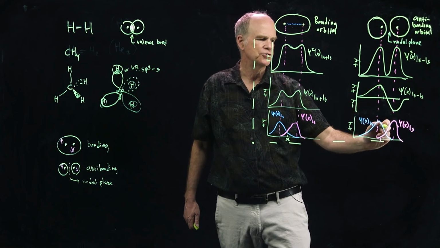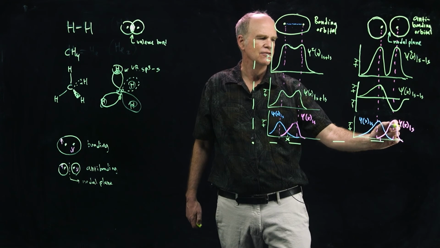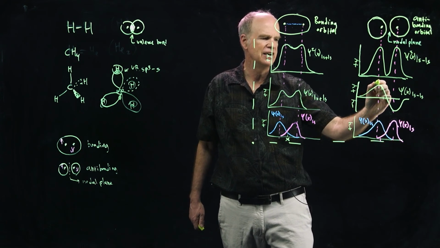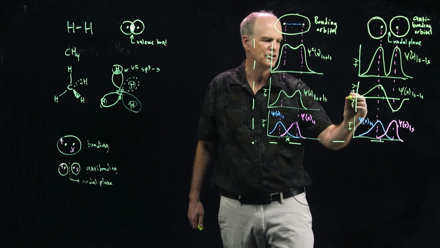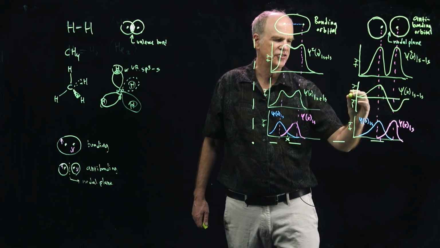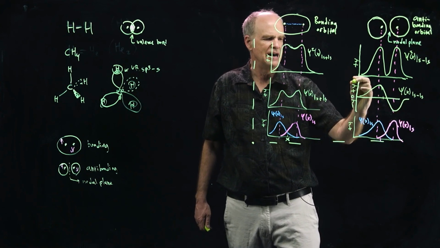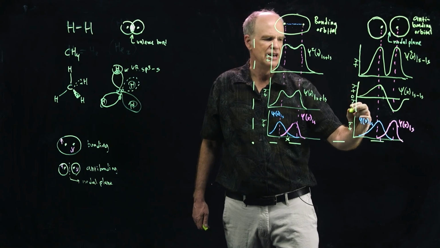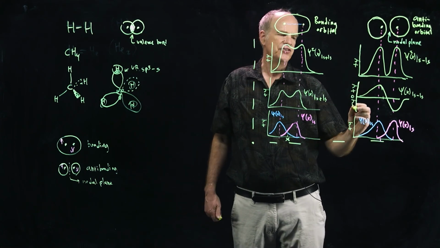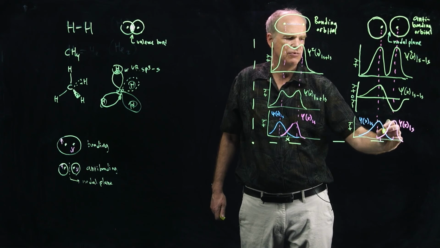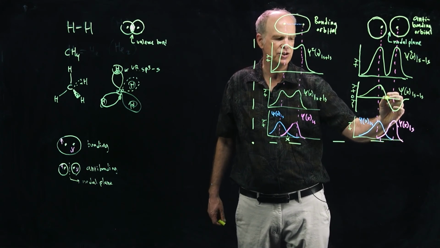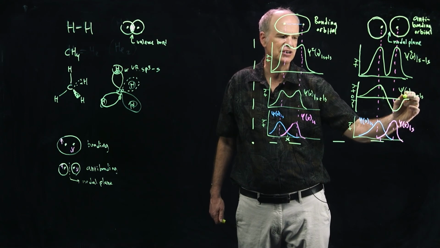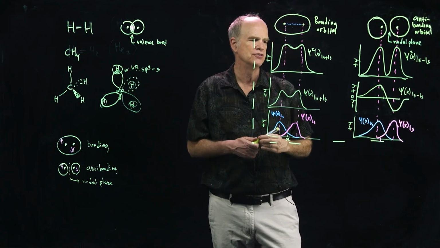So when you subtract the pink from the blue, this is the line you get. And so notice I've plotted a slightly different graph here. Here the x-axis is at 0, and I have positive y values here and negative y values there. And so what you can see is that when we subtract these 1s orbitals, you get 0. And then as you continue to subtract, you actually get negative values. And so that's what it looks like.